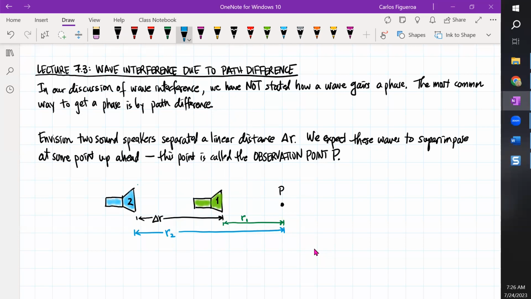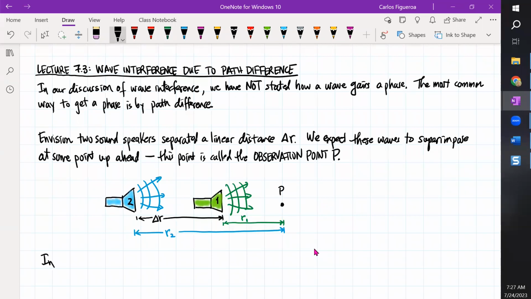So these are the waves coming from speaker 2, and these are the waves coming from speaker 1. They're going to overlap at P, and we're going to have interference.